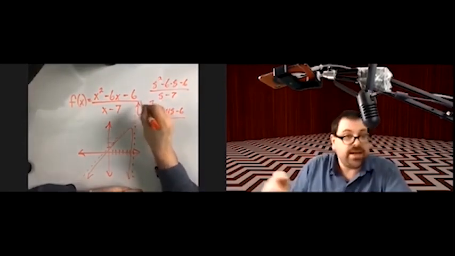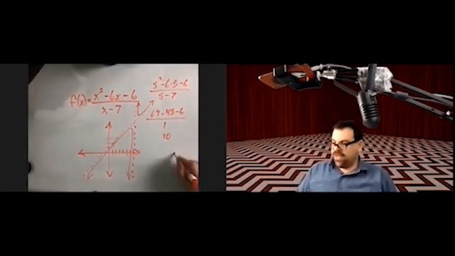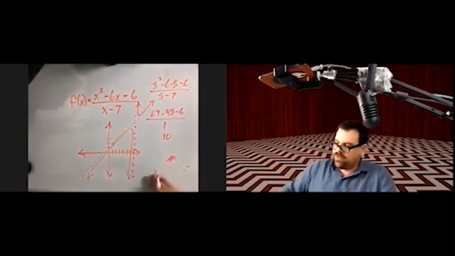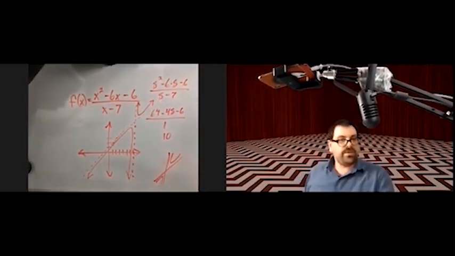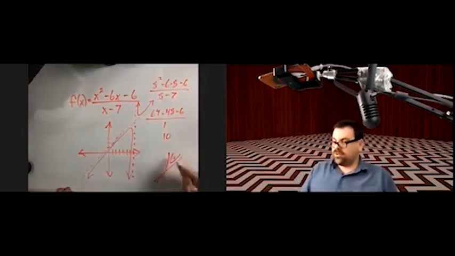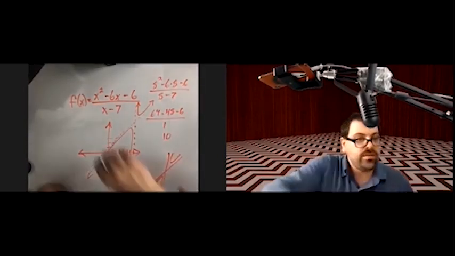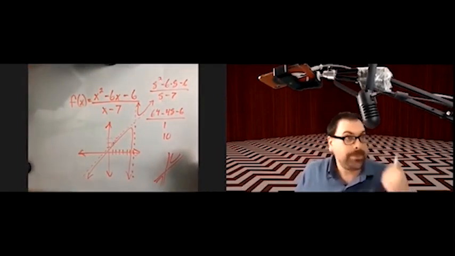So yeah, I'm up in that area. So instead of the horizontal one, it slants, but we're still in there. And the more accurate we are, the more points we pick for x, the closer we can see where these hyperbola legs actually are.